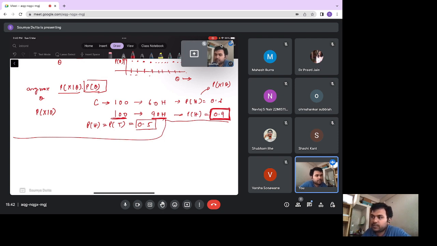Now suppose somebody comes and tosses the coin again and asks you, what do you think will be the probability of heads falling? That in machine learning terms is your test data. Because you have found 0.9, you will say it will fall heads with a probability of 0.9. But since your coin was actually fair, your prediction is absolutely wrong.